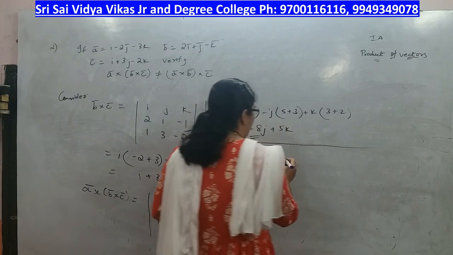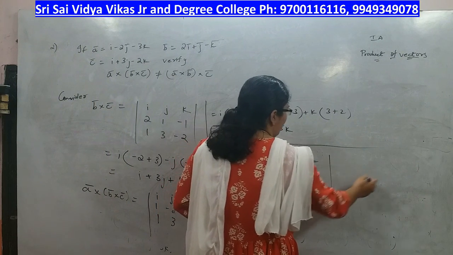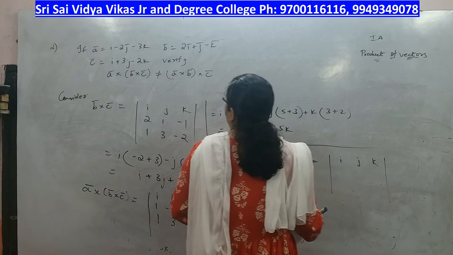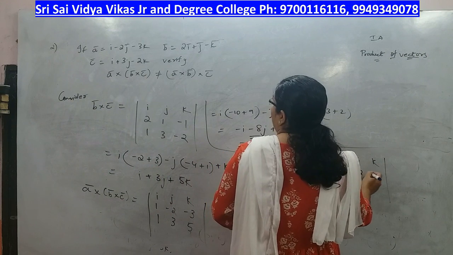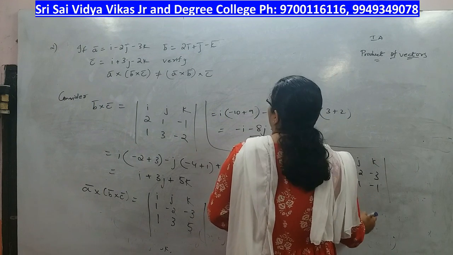First let us find a bar cross b bar. A bar cross b bar is the determinant with rows i j k, a bar: 1, minus 2, minus 3, b bar: 2, 1, minus 1.